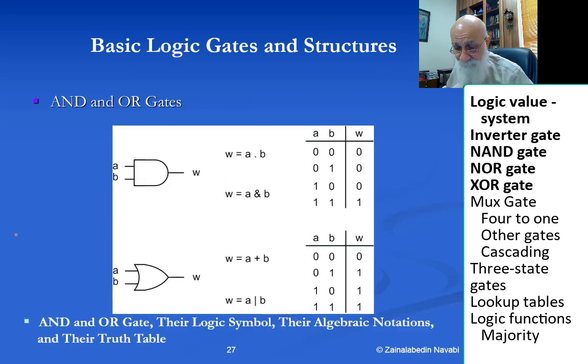Obviously, AND and OR are just the complement of these gates, and this is A and B. This is A and B, writing it in Verilog, and the truth table for the AND is what I'm showing here. The truth table for the OR is what I'm showing over here.